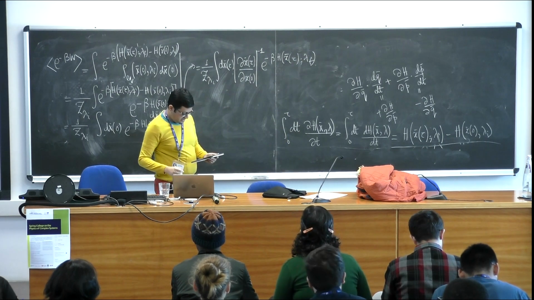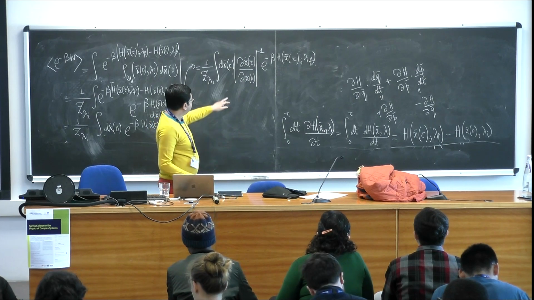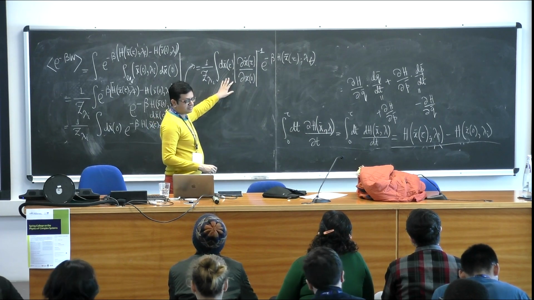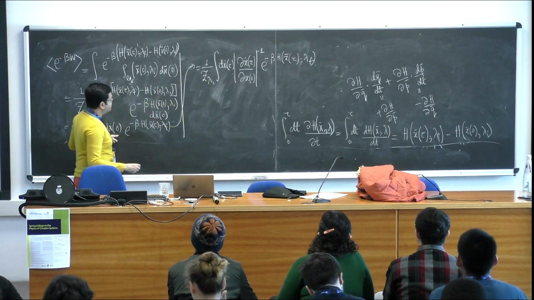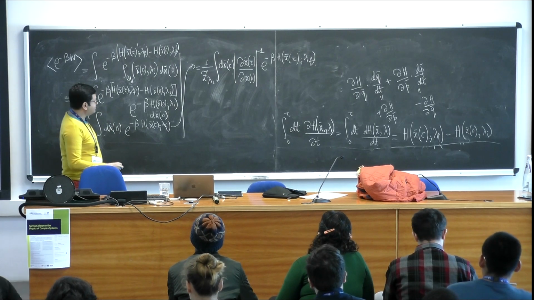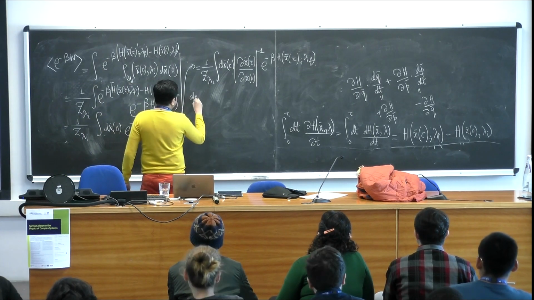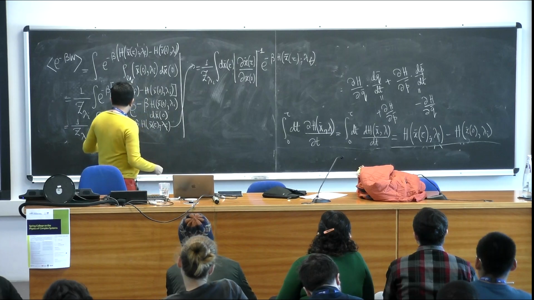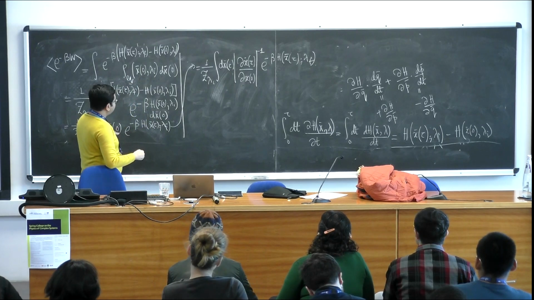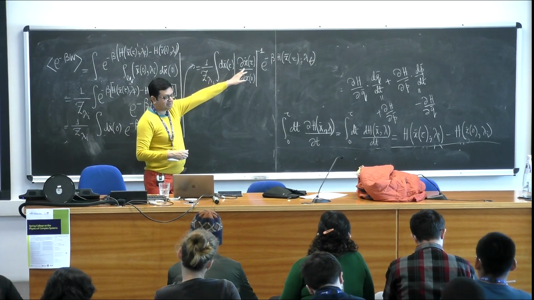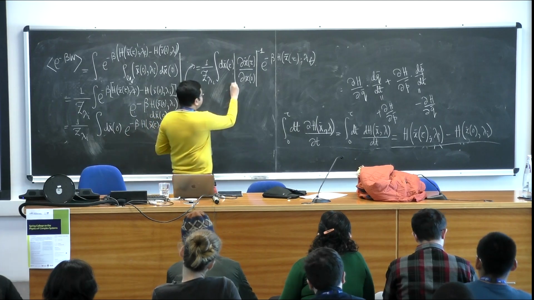Fine? I go from x0 to x tau. So dx0, I use this one. You know this one, I don't have to write because it's already there. If I want to go from dx0 to dx tau, there will be a Jacobian transform. But this guy is equal to 1.